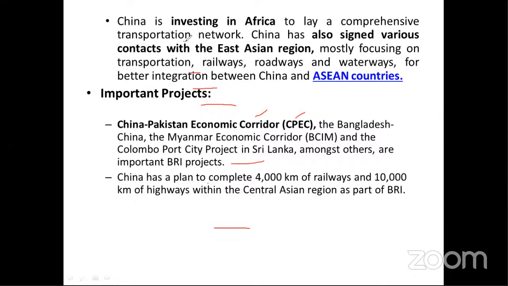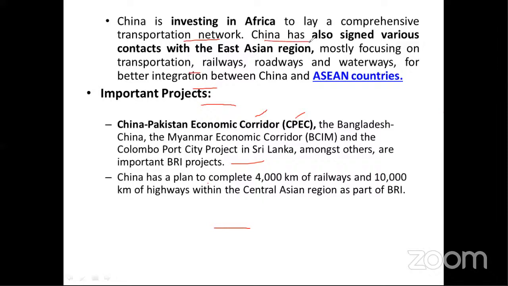A comprehensive transportation network is required for doing trade. If countries like Egypt and Somalia, which share a border with the Indian Ocean, develop their infrastructure, China can easily access the interior of Africa. Countries like Sudan, which are present in the middle of the continent, can also be accessed very easily if infrastructure is developed in the port areas.